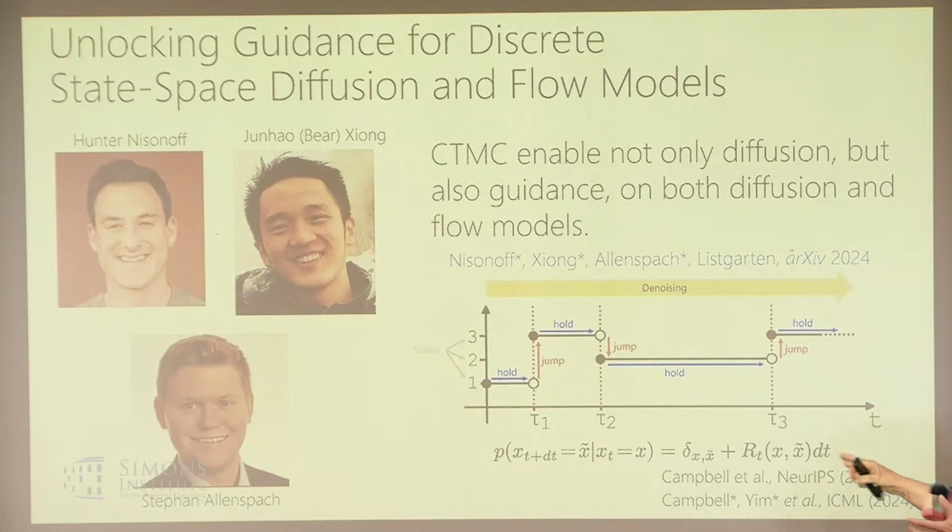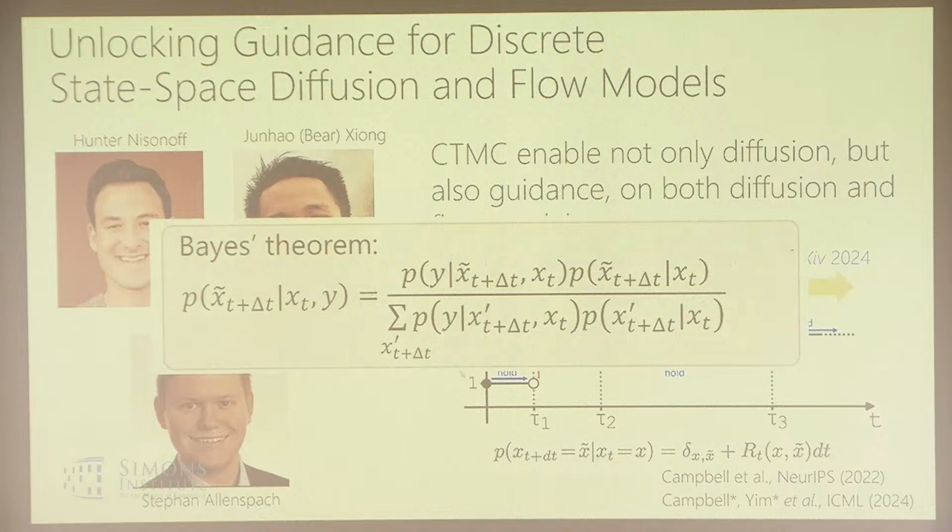In these formalisms, heavily based on the two papers by Campbell et al., the object to think about now is this rate matrix. And these guys have done a brilliant job in pushing through how to do guidance with respect to these rate matrices.